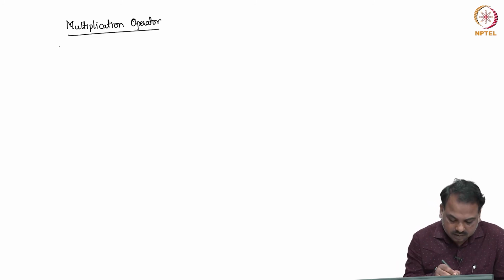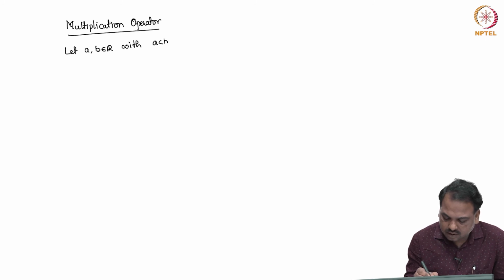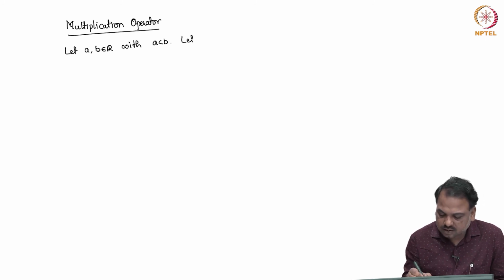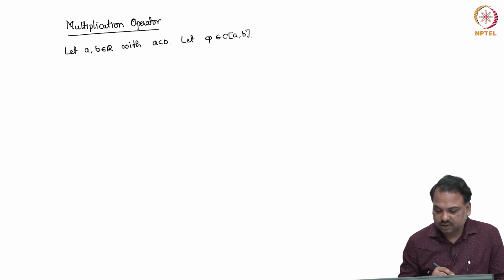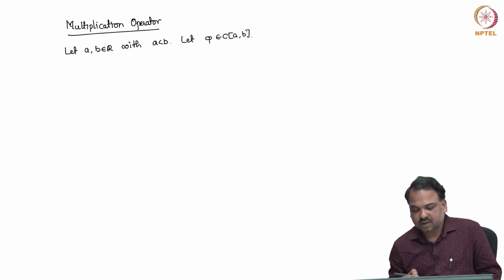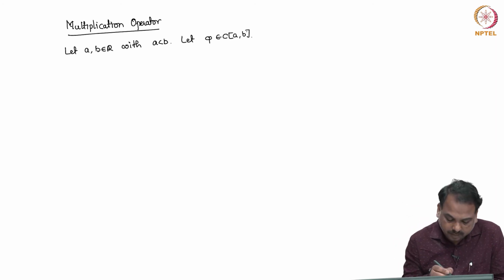Let us take a and b real numbers with a less than b. Let us take a continuous function phi defined on the closed interval [a, b], which is either complex valued or real valued, it does not matter.